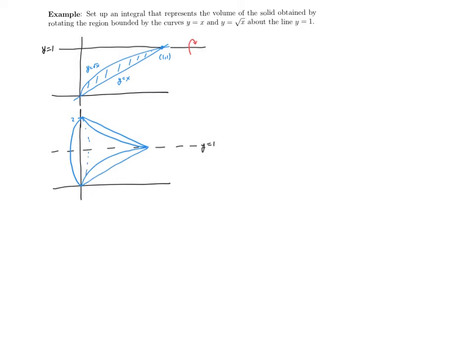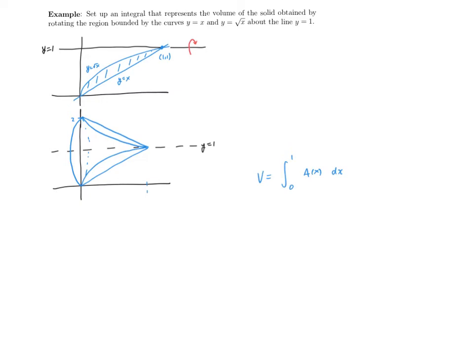And we can certainly write down a definite integral that's going to represent the volume of this solid. Note our x values are varying from 0 to 1, and what we need to be integrating in this case is A of x.